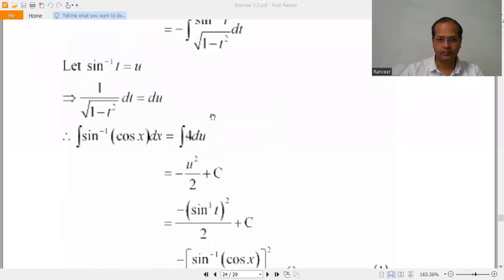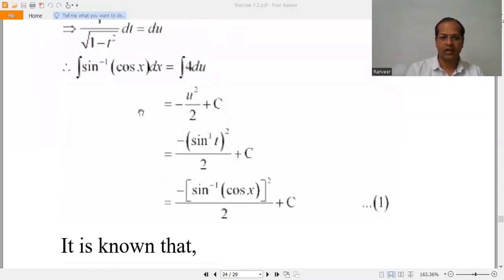Now at the end we have to substitute the value. This is u square by 2, so this we can take u square by 2, and sin inverse t whole square by 2, and at the end we have to substitute the value.